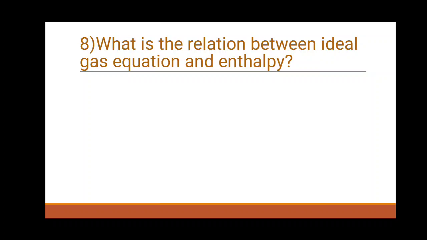Question number 8. What is the relation between the ideal gas equation and enthalpy? Consider a closed system of gases which are chemically reacting to form gaseous products at a constant temperature.